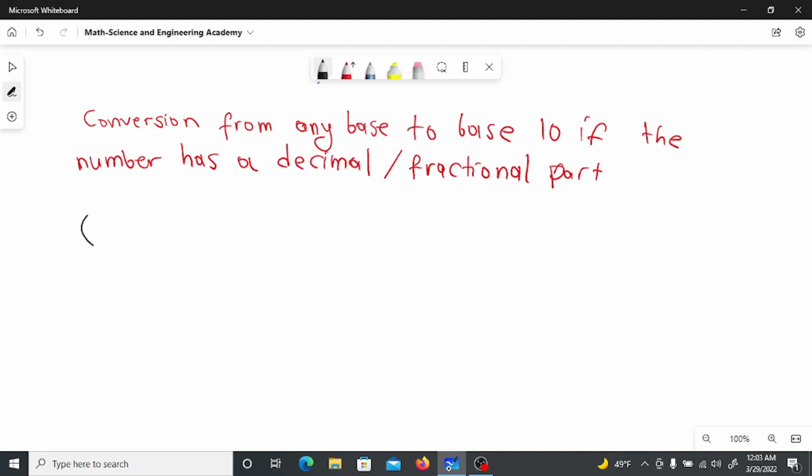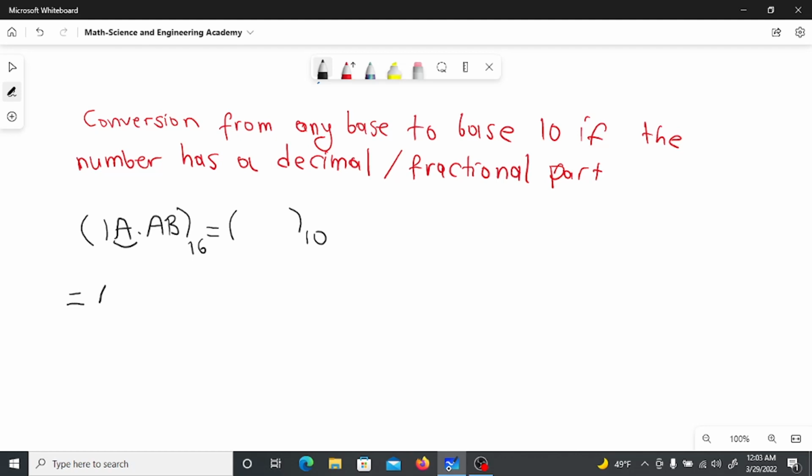For example, 1A.AB in base 16 to base 10. Let's find it together.